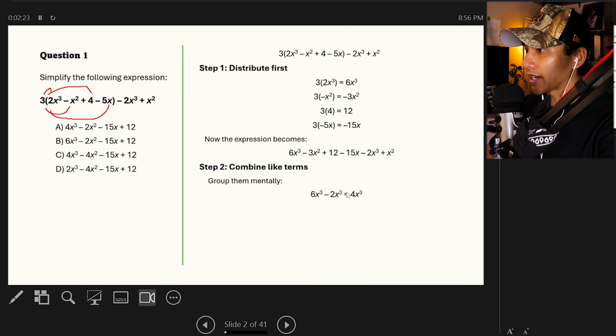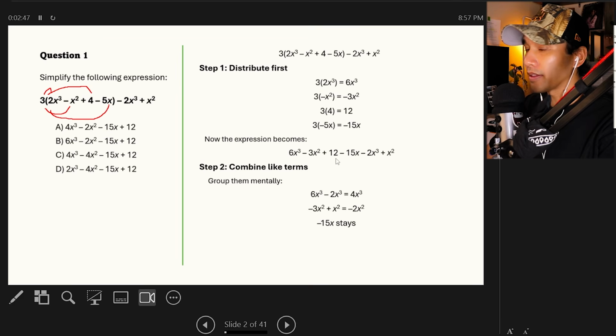Exactly like I said, 6x cubed minus 2x cubed equals 4x cubed. And then the next term down is negative 2x squared. The minus 15x stays, meaning there's nothing that it could be added with. There's no other term with an x by itself, so it just stays.